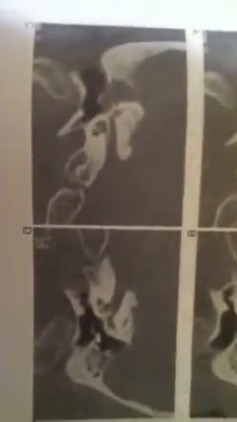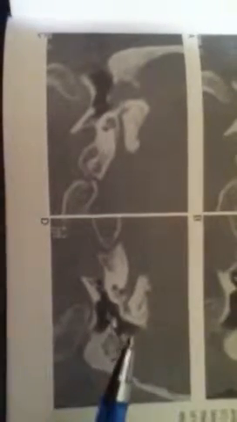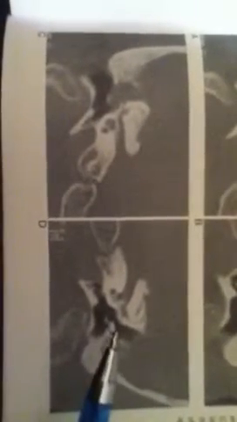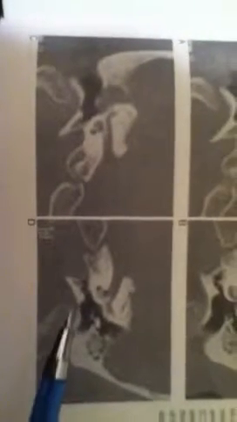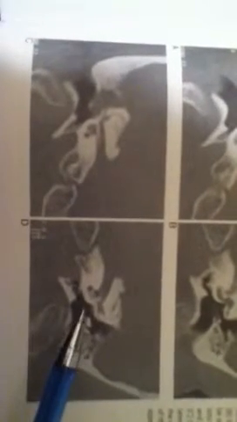And now we come to the axial image, axial section, CT section of the middle ear, temporal bone. Here this is the normal middle ear cavity. You can see the hypoattenuation throughout. We can see the inner ear, and you can see the malleus incus.